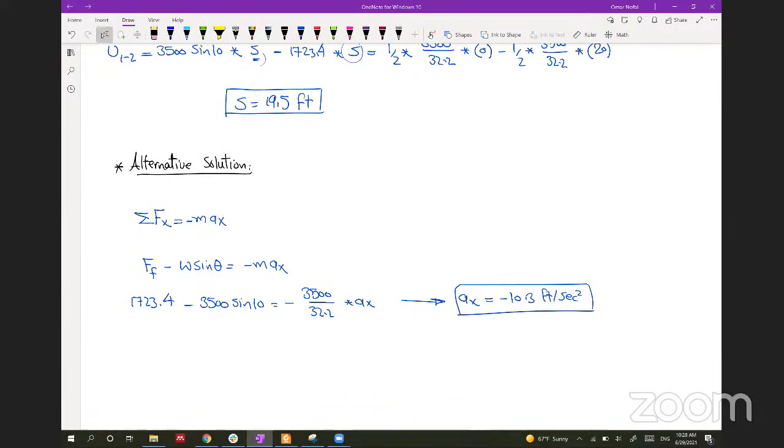And from this, you can actually use that A is equal to V dV over ds, and you will have A ds will be equal to V dV, and then you will move forward until you get V square will be equal to V node square plus 2Ax multiplied by S minus S node, and this is the rule from your dynamics equation sheet.